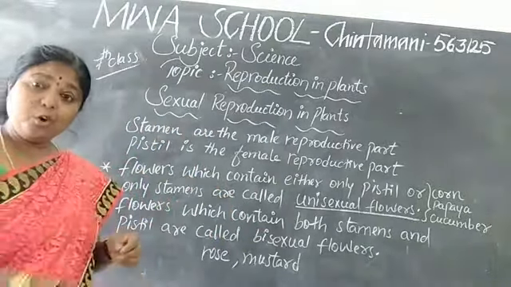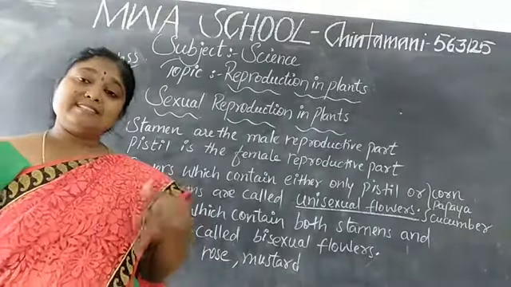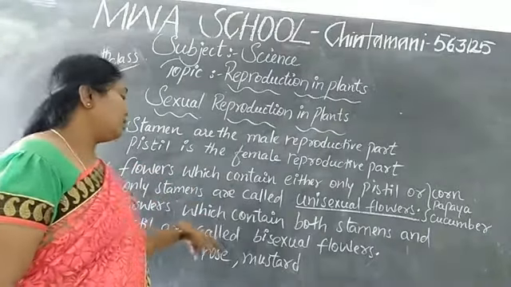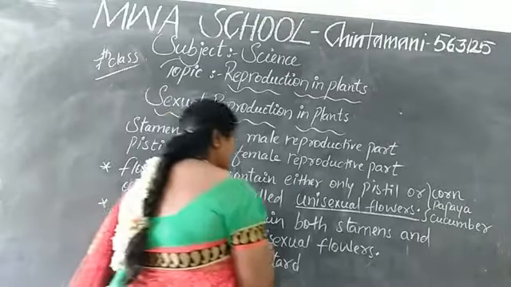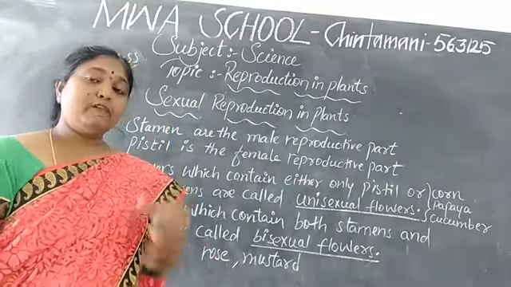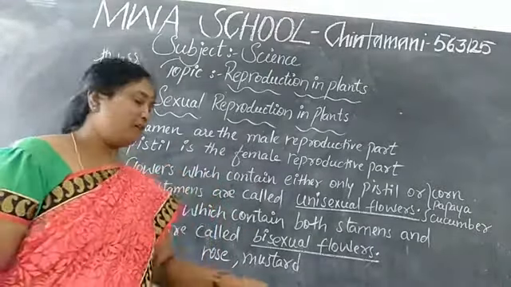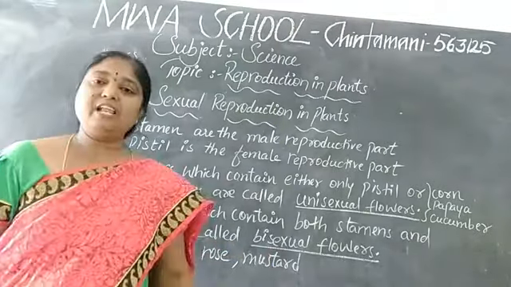If it has both, what will we say? Flowers which contain both stamen and pistil are called bisexual flowers. What do you mean by bi? Two, the flowers will have both the male and the female parts. We call them bisexual flowers.